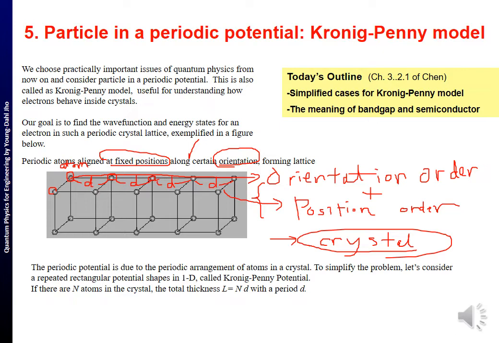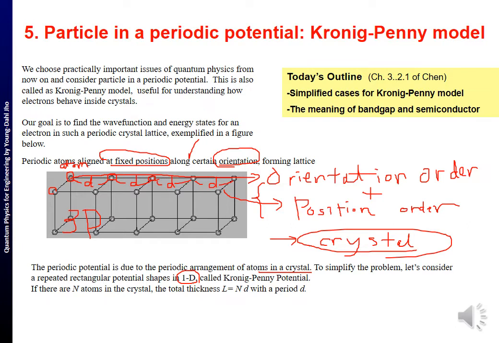The periodic potential is due to the periodic arrangement of atoms in a crystal. To simplify the problem, let's consider repeated rectangular potential shapes in 1D. Here it was 3 dimensions. We will consider 1 dimension first, called the Kronig-Penney potential.